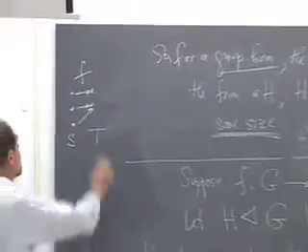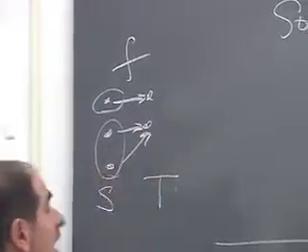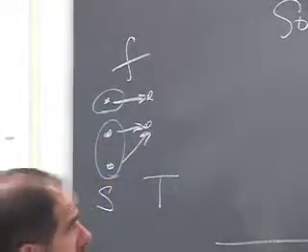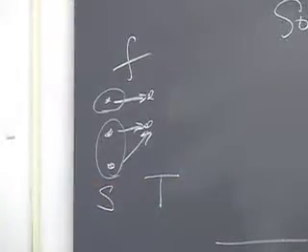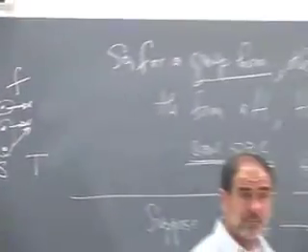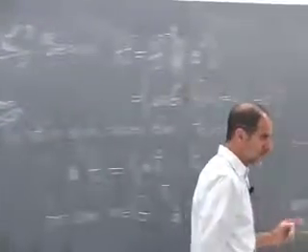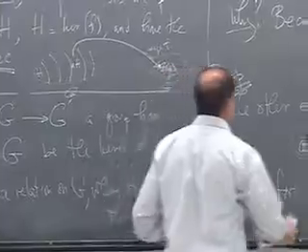In this case, one equivalence class contains 1 element, and the other equivalence class contains 2 elements. But that can't happen for a group homomorphism. In the group homomorphism, the different pieces that you break G into all have the same number of elements in them.